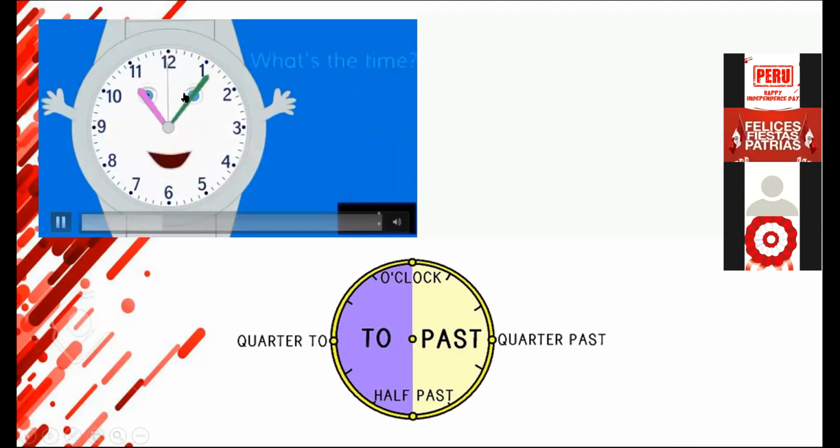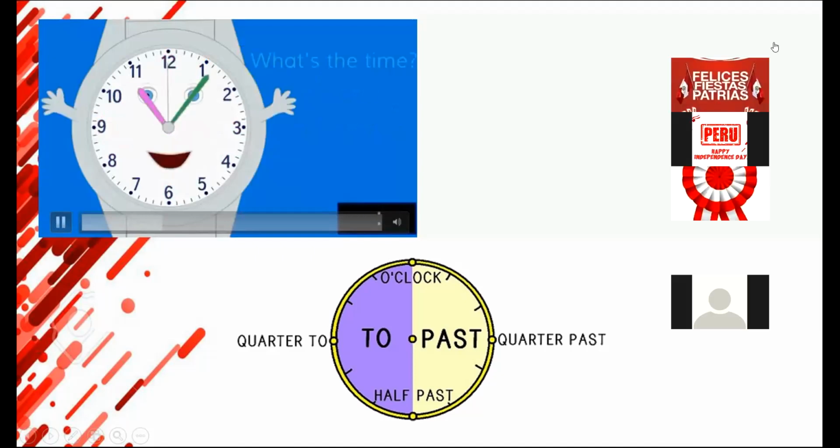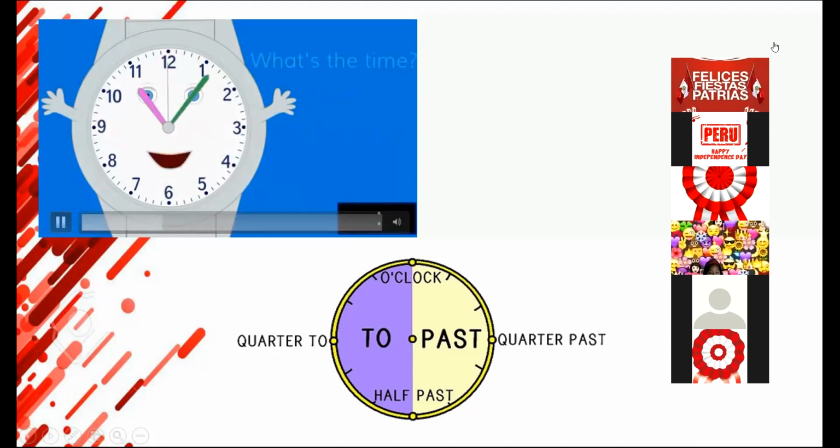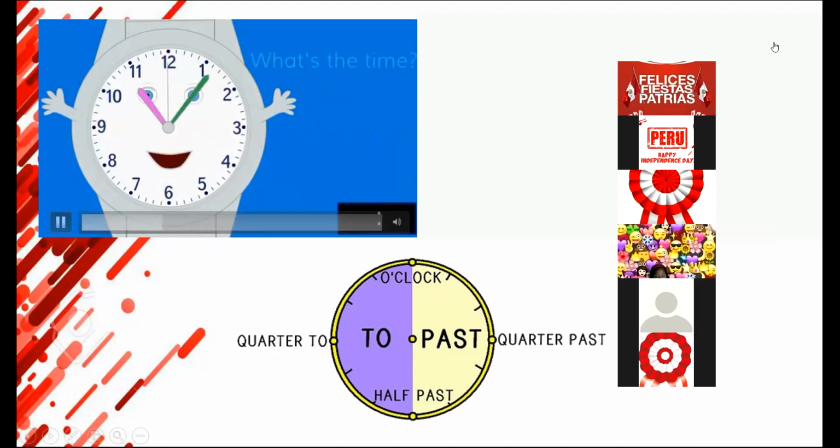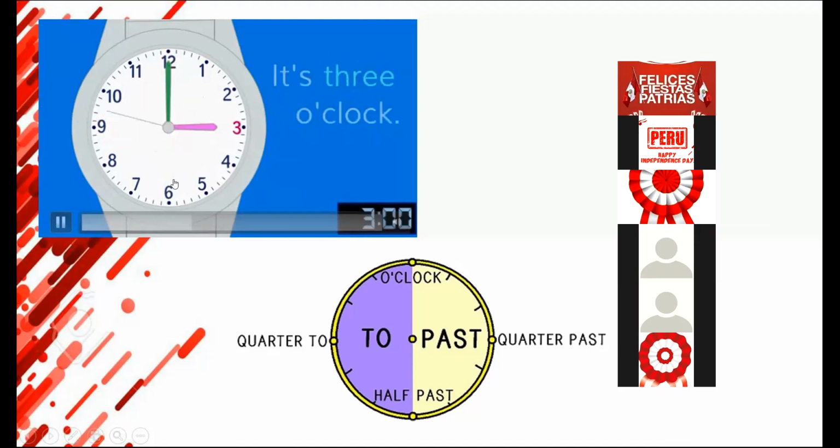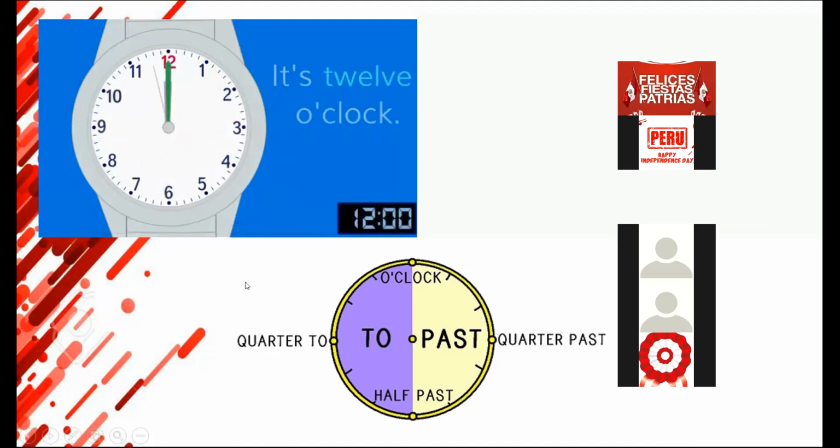What's the time? What's the time? What's the time? What's the time? What's the time? What's the time? What's the time? What's the time? 1 o'clock is 2 o'clock, 2 o'clock, it's 3 o'clock, it's 4 o'clock, it's 5 o'clock, it's 6 o'clock, it's 7 o'clock, it's 8 o'clock, it's 9 o'clock, it's 10 o'clock, it's 11 o'clock, it's 12 o'clock.